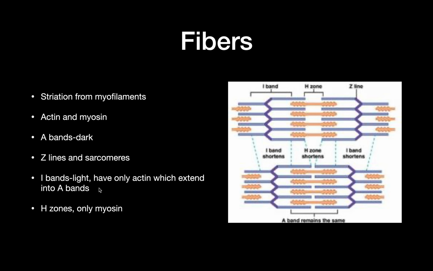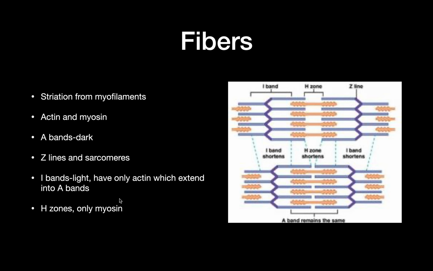They only have actin, which extends into the A bands right here. So here's the A bands, I bands. H zone is the only one that's clear. Z lines go down the middle of the I band, and even though it's not shown here, the M line should be straight down the middle of the H zone.